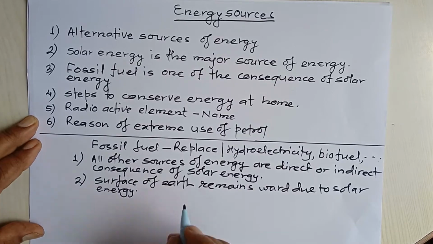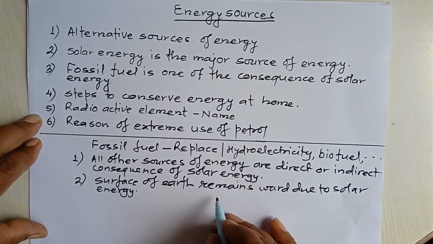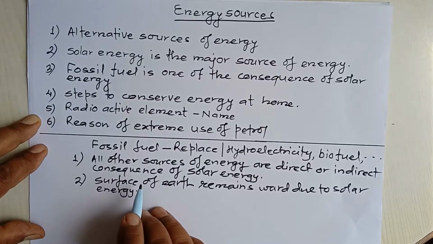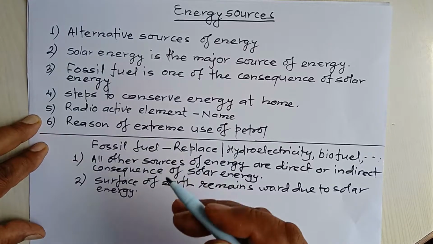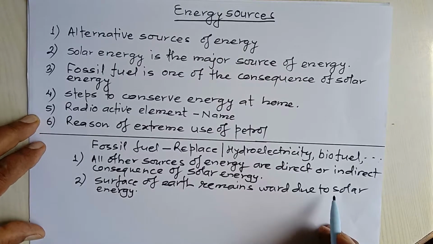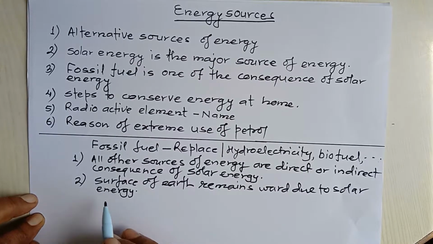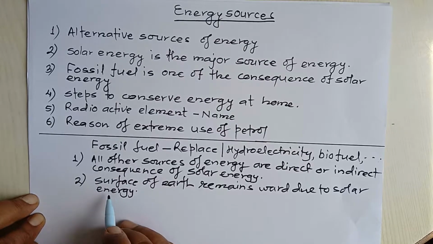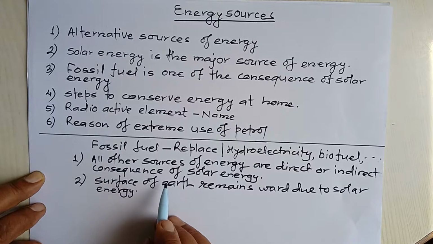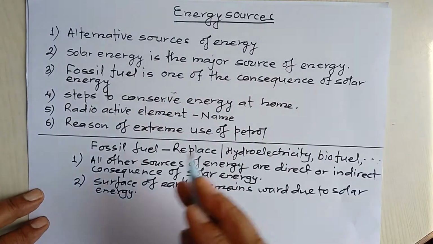What does it mean? Surface of the earth remains warm due to solar energy, so the life of plant is possible, life of animal is possible, and we also can survive because of this warm and humid climate of the earth. And this is the gift of what? Sun. That's why solar energy is the major source of energy.